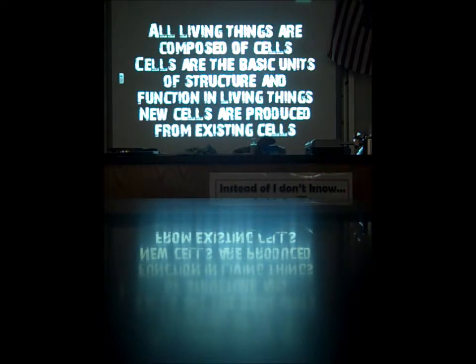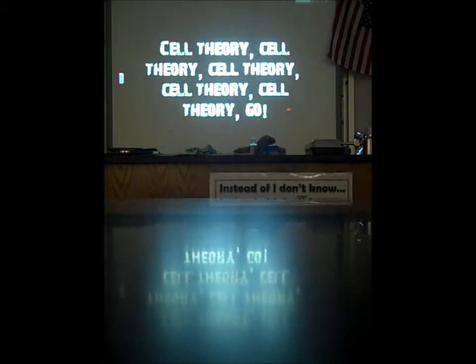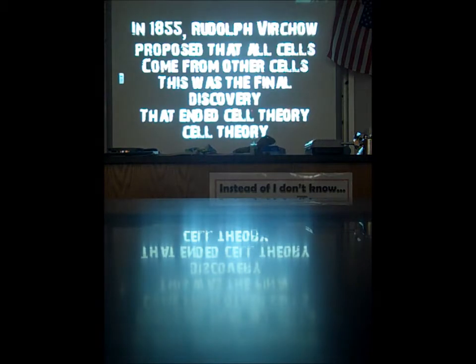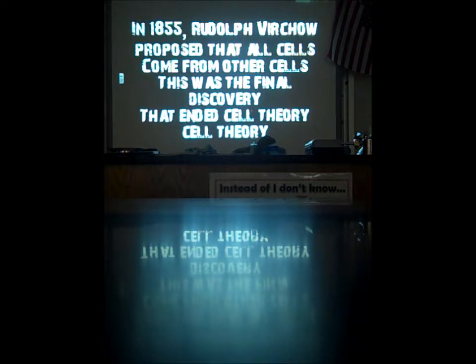Cells are the basic units of structure and function of living things. New cells are produced from existing cells. Cell theory, cell theory, cell theory, go!